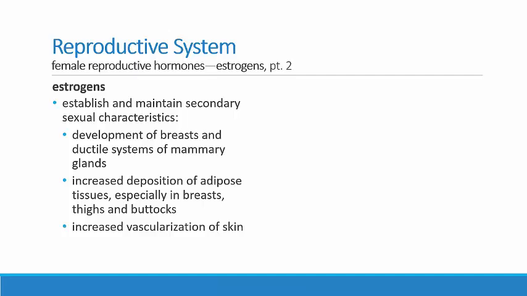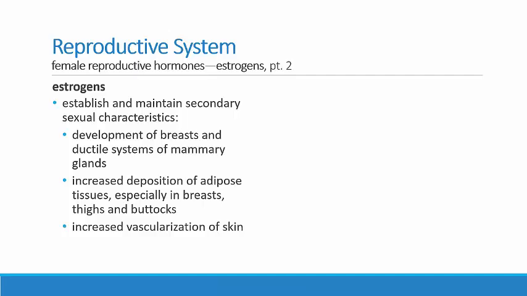We also see increased deposition of adipose tissue, especially in the breasts, around the thighs, and at the buttocks. Those are the typical places where we see especially thick production of adipose tissue. And then finally, there's also, as a side effect, some increased vascularization of the skin.